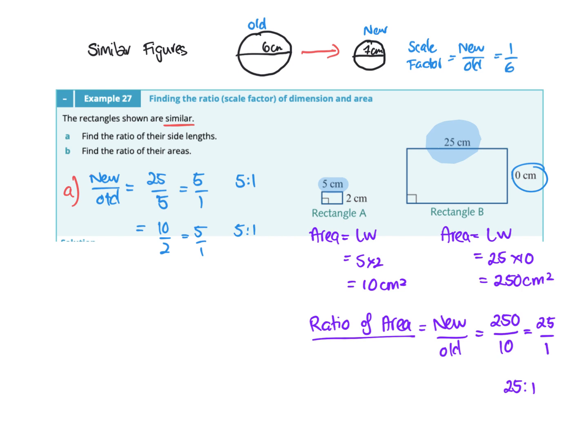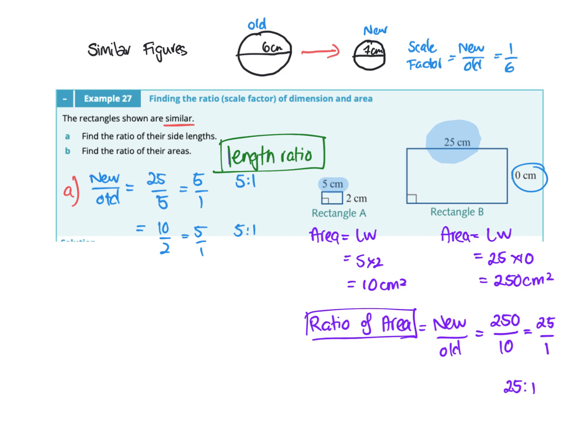All right, so if you're looking at that, what do you notice? When we compare the side lengths, we often call this the length ratio. And when we compare areas, that's called the area ratio.